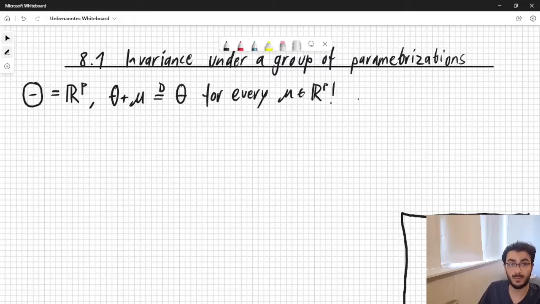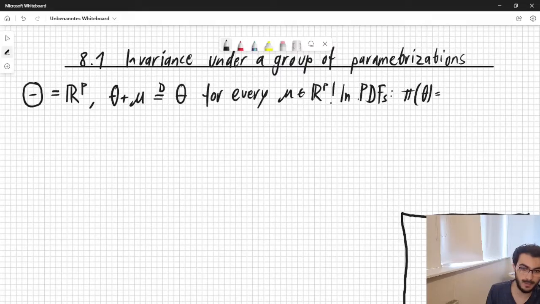What does it mean in distributions or in PDFs? Since we're only going to talk about the continuous case today. Well, we want a distribution of theta plus mu. You can calculate that if we have the prior distribution in theta, the PDF of theta plus mu is pi of theta minus mu.